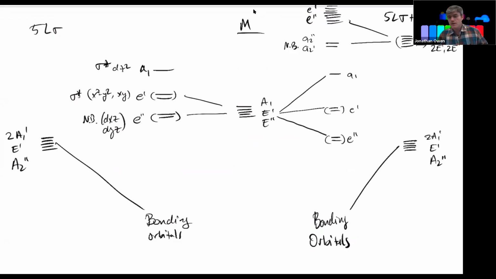And that dz squared is relatively unaffected. So now we've got d pi. This one is interesting. It's both sigma star and d pi. And this guy is just sigma star. Really, I'm getting a little sloppy. I should say d sigma star and d pi.